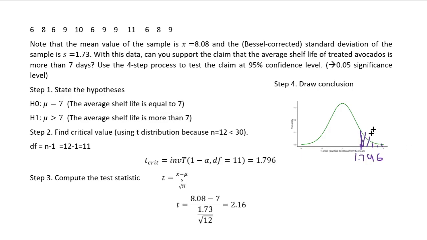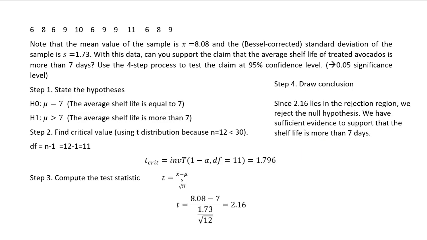So this is our rejection region, and because 2.16 lies in the rejection region, our conclusion is that we can say this sample is good enough evidence to show that the null hypothesis is wrong. So it's good enough evidence to reject the null hypothesis, and that's why you have to write the conclusion. That's step 4, okay?